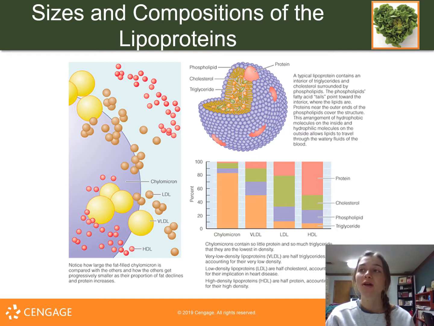Lipoproteins in general are clusters of lipids with proteins that serve as transport vehicles for lipids in the lymph and the blood. They solve the body's problem of transporting fat through a water-based bloodstream, and more lipids makes them less dense, and more proteins is going to make them more dense.